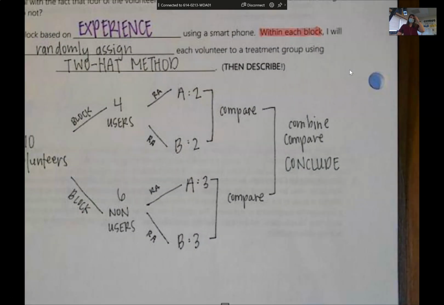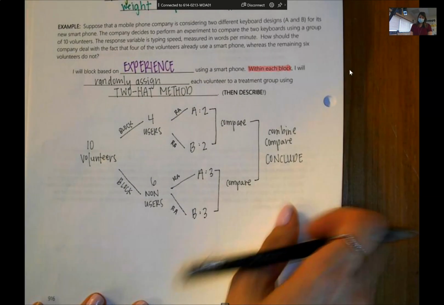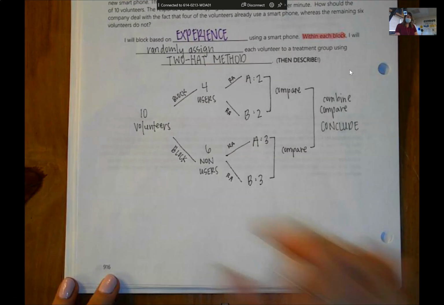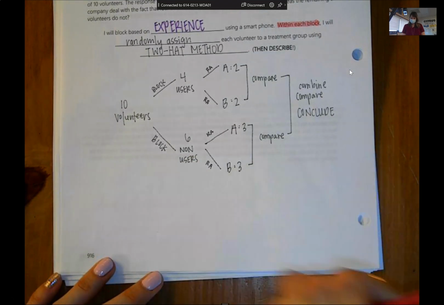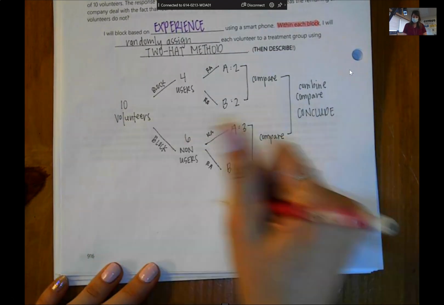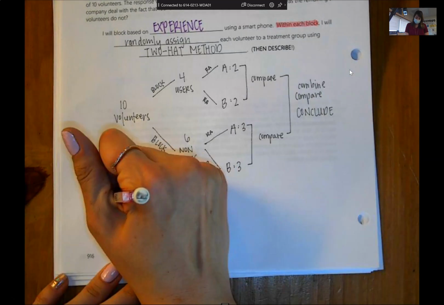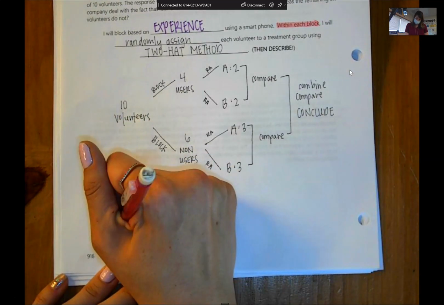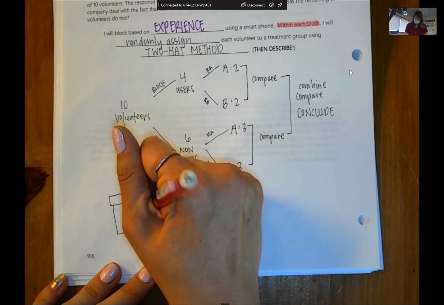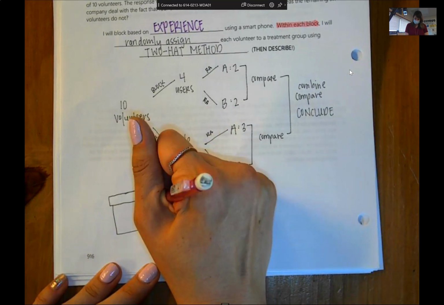Is that making sense? Okay, down here, I'm just going to quickly draw my two-hat method on what that would look like, because I think as we approach the exam, we really can't see two-hat method too much. So, to assign these, the best way to do it is to use two-hat method.